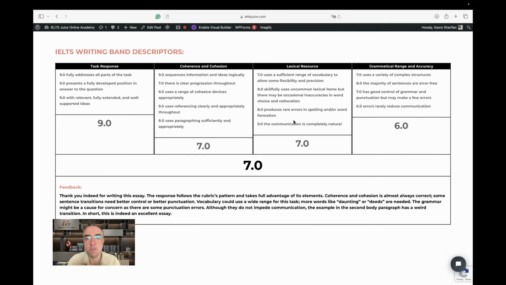Lexical resource, all good. The range is sufficient. I can also say that it is bordering wide, because I picked a couple of genre-specific words like deeds. That was a very, very good word. Daunting is also a good word related to the topic. There were other beautiful words, but they were more generic. You could use those words in other essays as well.